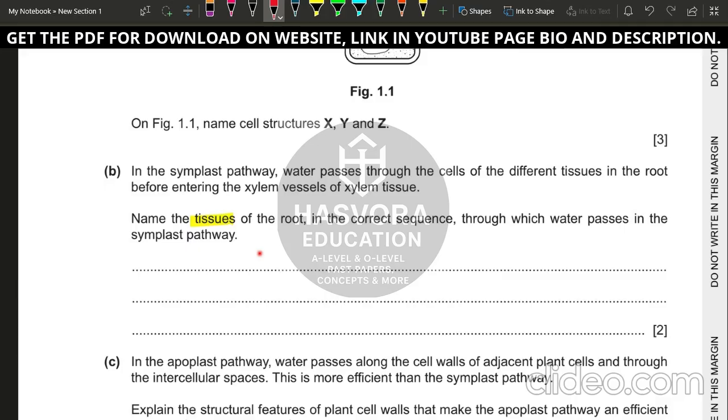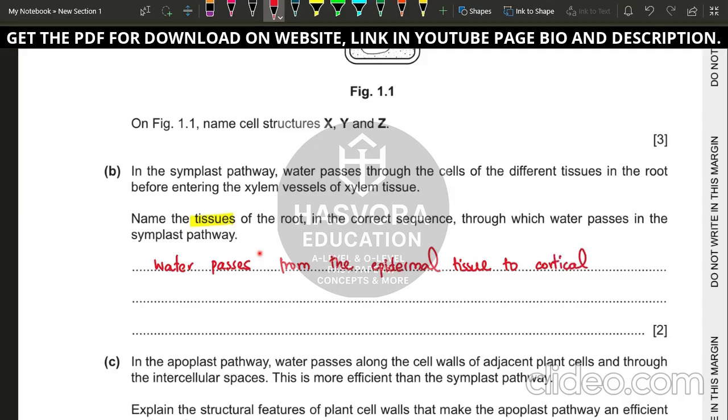So first of all, you will write that water passes from the epidermal tissue, which is the outermost tissue, the epidermal tissue, to the cortical tissue.